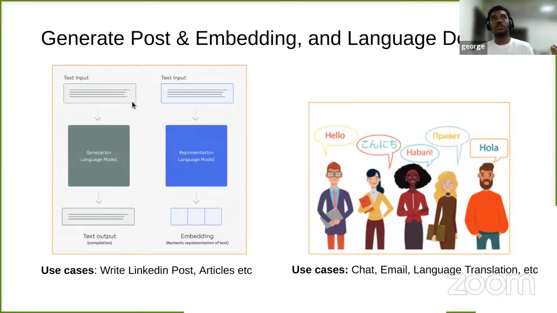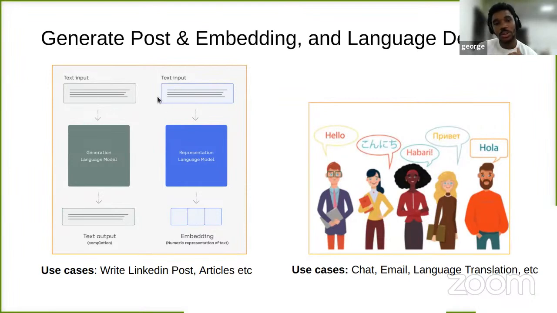We also mentioned that the title of the post should be called my 2023 promotion. This is going to take in text inputs, interact with the large language model, and give you something.